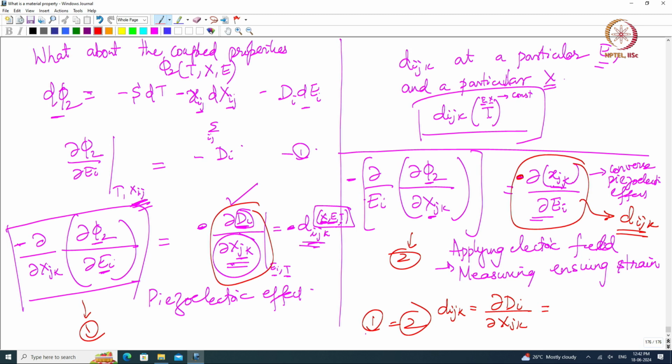Whether I apply stress, the jk tensor of stress, and measure polarization along the i direction, or whether I apply electric field along the i direction, the direction of electric field being the same as the direction of polarization, and measure an ensuing strain along the jk tensorial element of strain, these are one and the same. So, what I get is dijk, right.